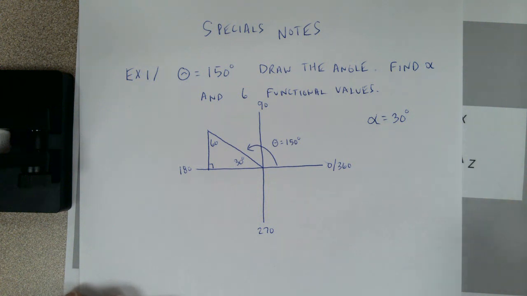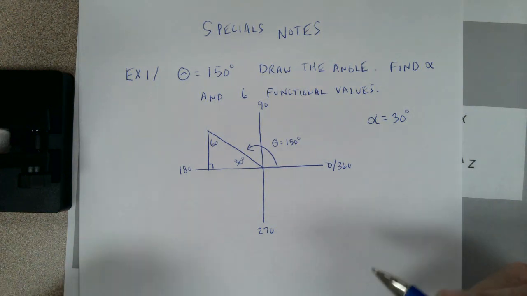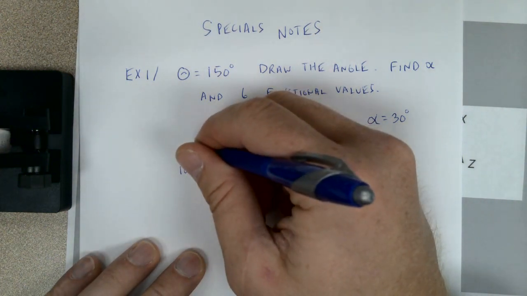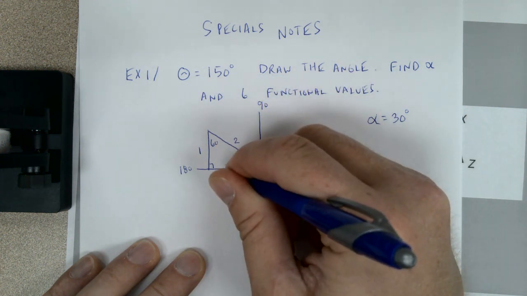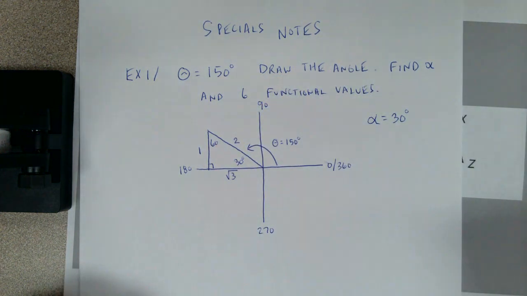And we talked yesterday and did a little review of our 30, 60, 90s about the ratios in that triangle. So in the 30, 60, 90, we know the ratio is 1 to 2 to radical 3.